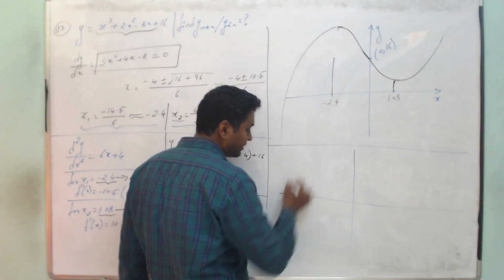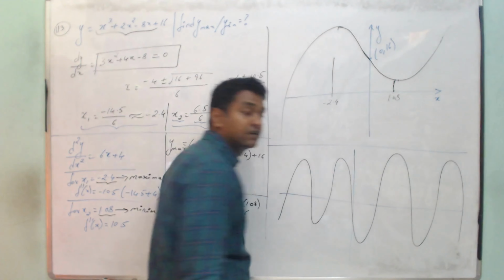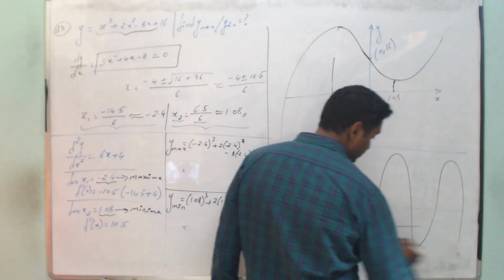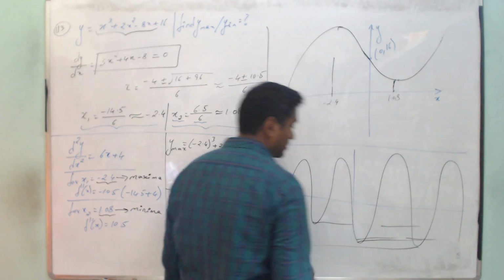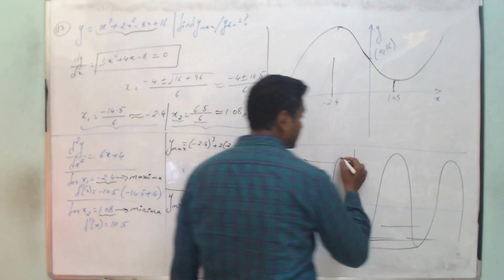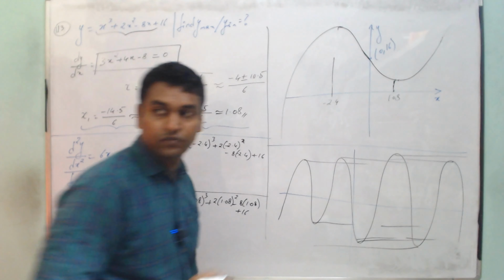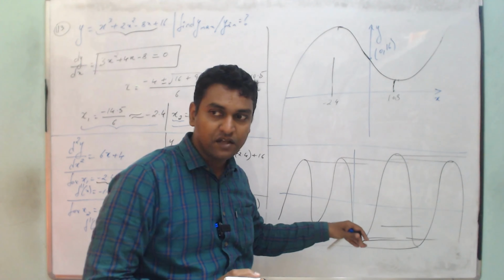For any, basically the graph can be anything like this. Not necessarily all the minimas have the same value. Not necessarily all the maximas will have the same y value.